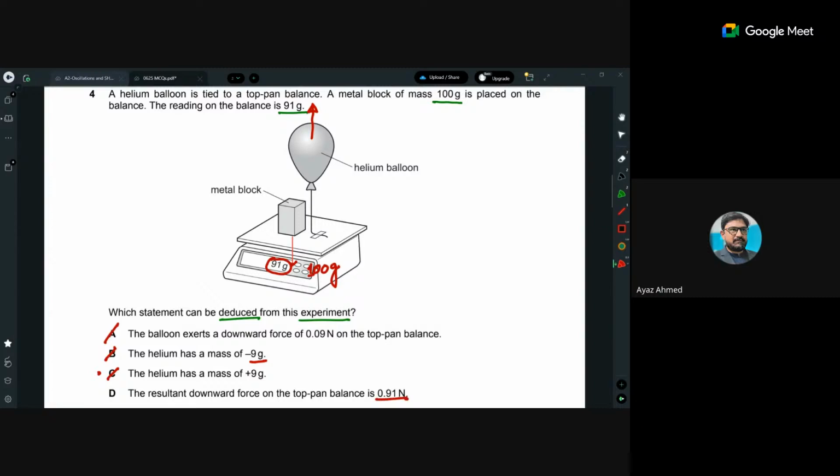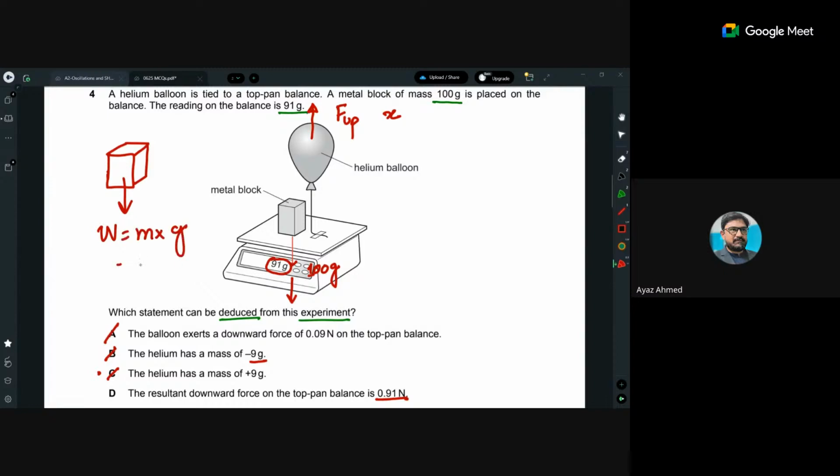This is the key answer basically, because as I told you, this balloon is applying an upward force. Let's say that force is x, but the downward force is the weight of this block. Weight of the block will be equal to mass times the value of g.